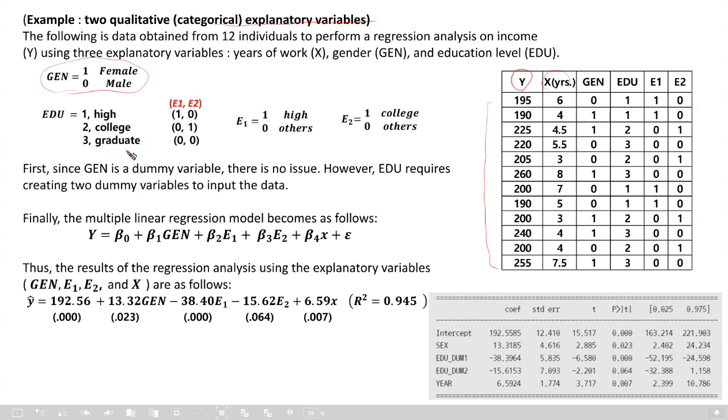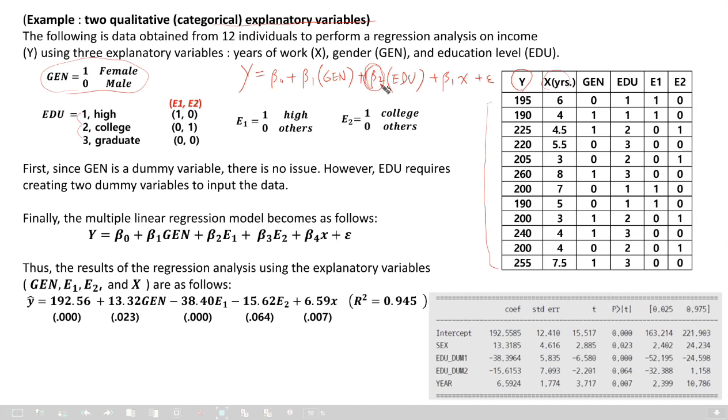If you use this kind of model, beta 0 plus beta 1 gender plus beta 2 EDU plus beta 3 X plus epsilon, you cannot interpret the coefficient beta 2. A 1 unit increase of EDU, then income increases or decreases by beta 2?